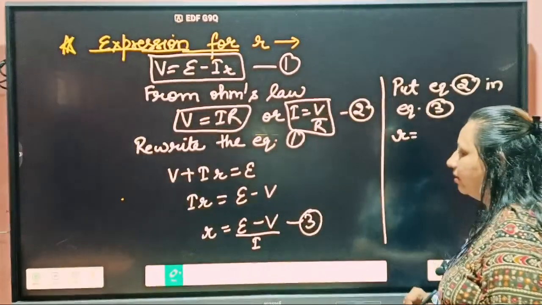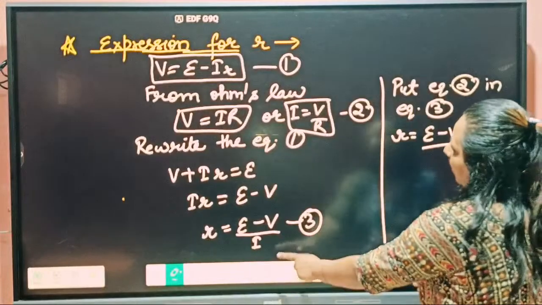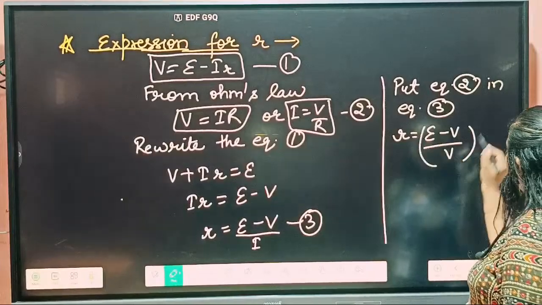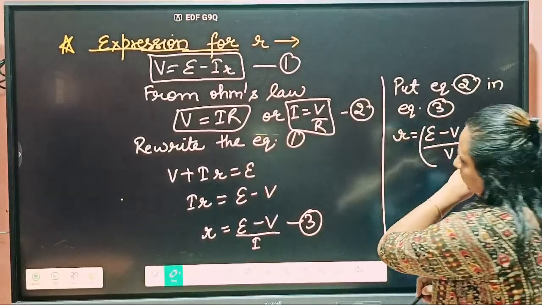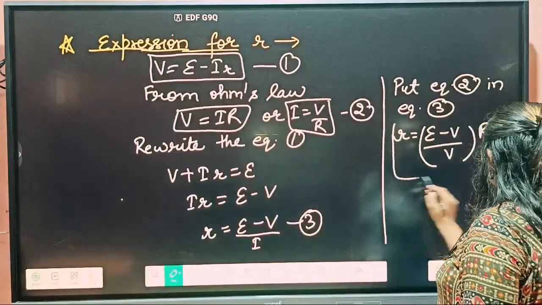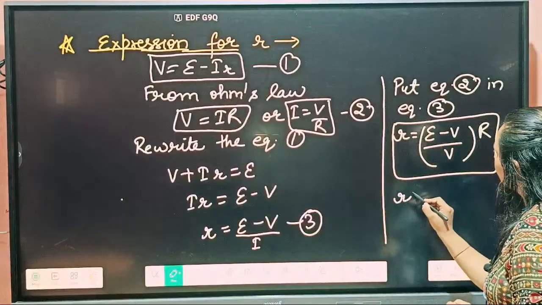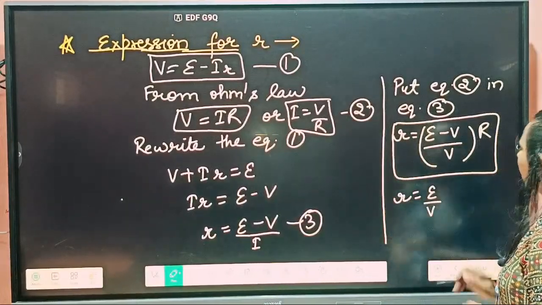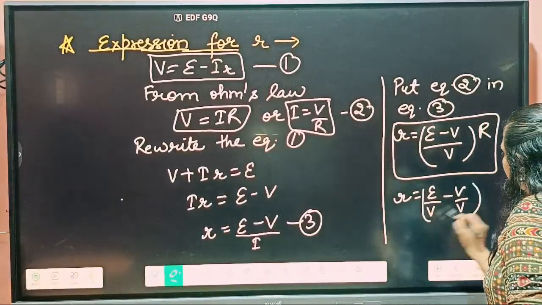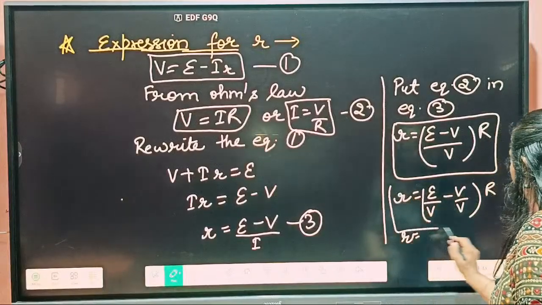Then the internal resistance is equal to EMF minus V upon V upon R. That means R goes to the numerator. Rearranging this equation, R is equal to E over V minus V over V, into R. So this is another expression.